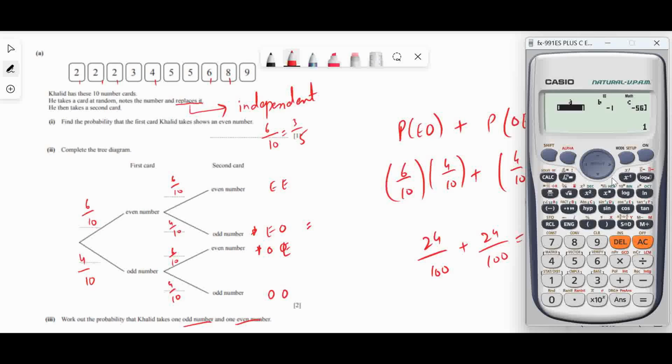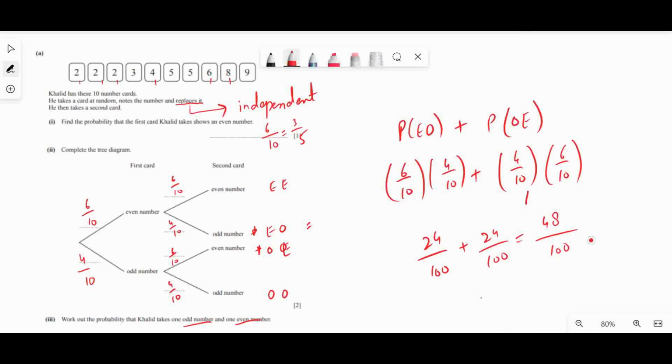If you want to write it in the simplest form, 48 by 100 is equal to 0.48. We can directly write it as 0.48, but 48 by 100 is also the right answer.